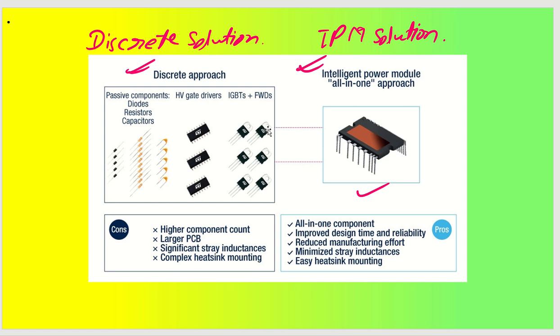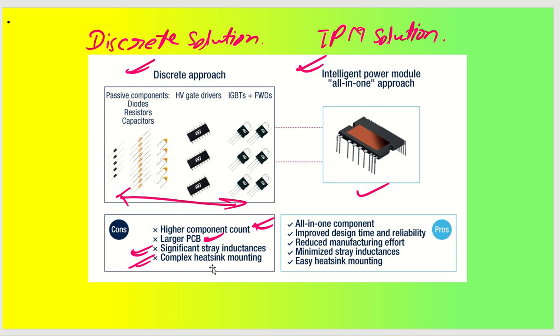This takes a lot of space and a lot of time to design all these different components. We have a high component count, a larger PCB design, we may end up with significant stray inductances, and it will be very difficult to mount our heatsink as well.